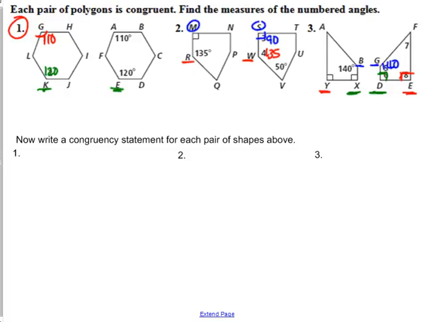And to figure out angle number 7, well, we have to do some pretty fancy math here because that's a quadrilateral and all of those angles will add up to 360. So I've got 90 plus 90 plus 140 plus X equals 360.